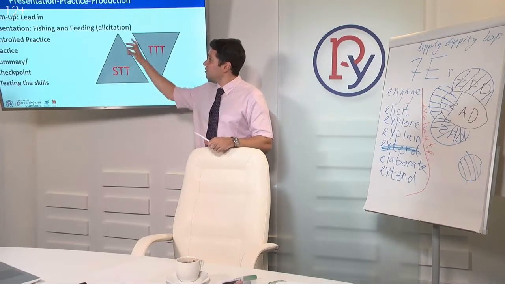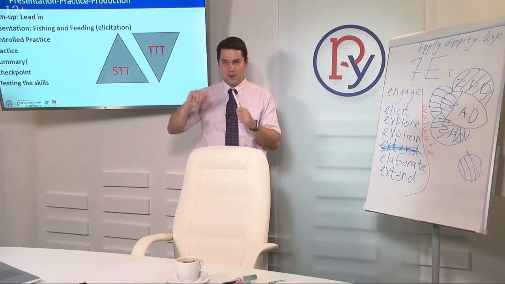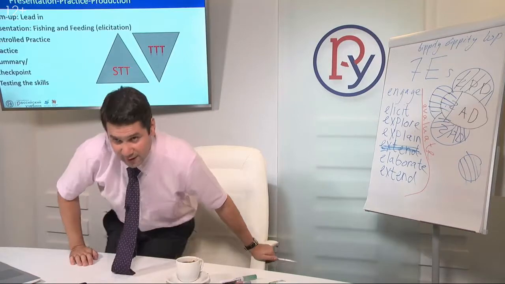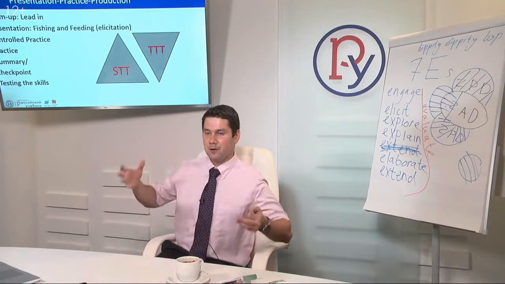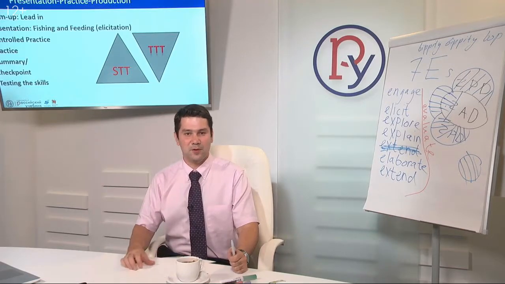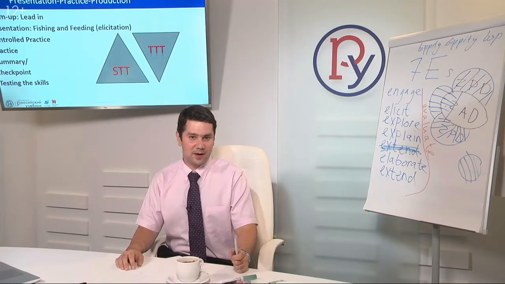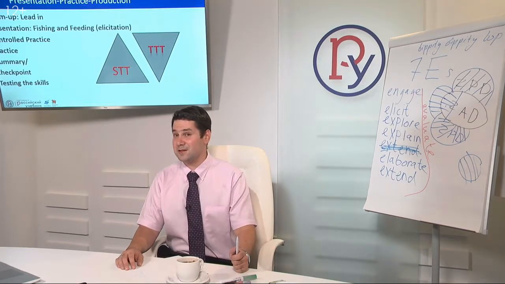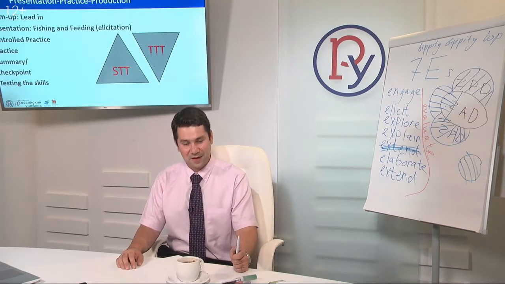So you can have 2 or 3 cycles like that in one lesson. Now this is one way we can structure our lesson. PPP, the most widely used way of structuring lessons, the most fundamental one. And I think according to my experience, around 70% of teachers only use this method of lesson planning.